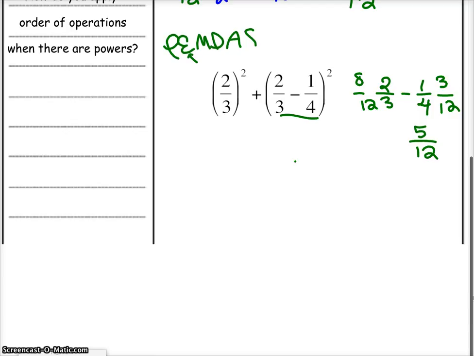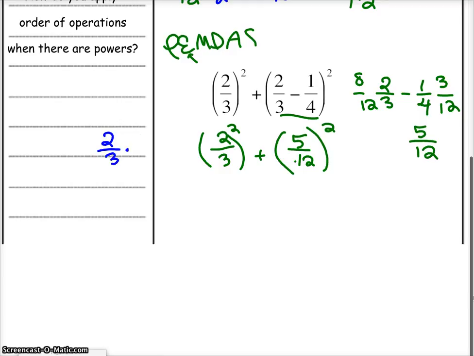So now I'm just rewriting. That's 2/3 squared plus, inside here was 5/12 squared. Order of ops tells me that I need to evaluate the exponents second. So 2/3 squared is 2/3 times 2/3, which is 4/9.